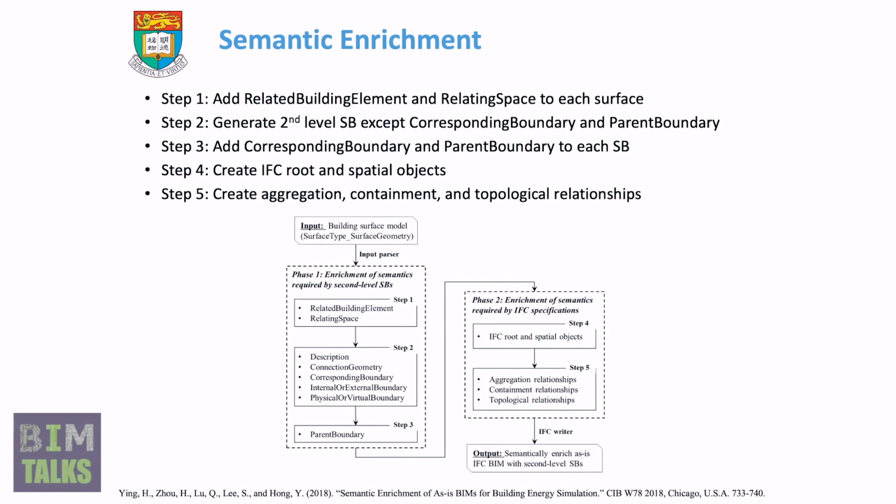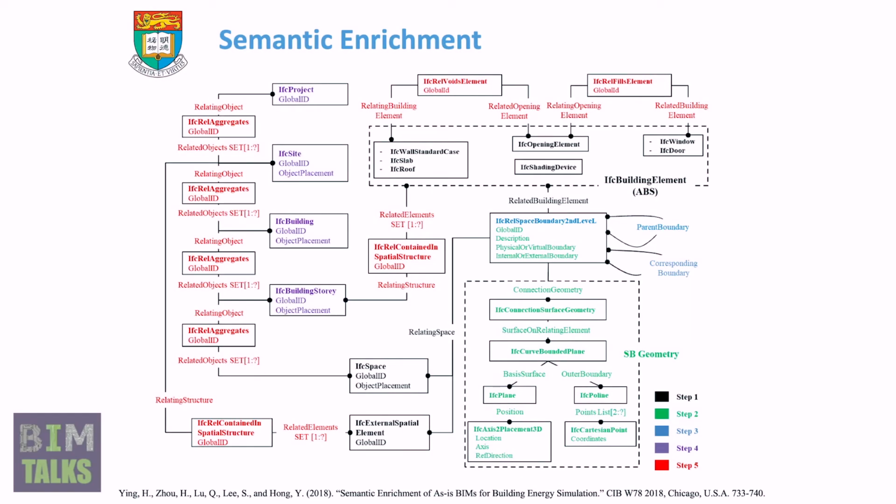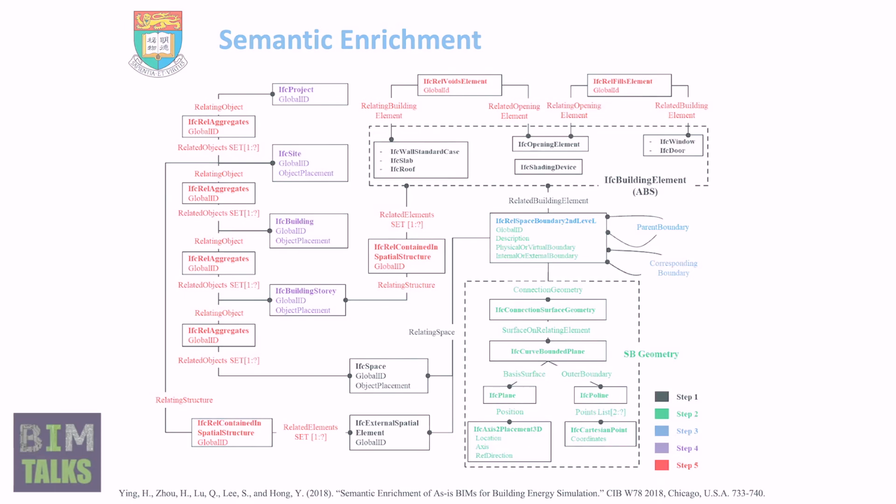And then following these 5 steps, we make sure that the model has all the necessary information in the IFC model. And these are the categories. When we complete the first steps, these are the information entities, and then this, and fill in this, and then the other remaining ones.